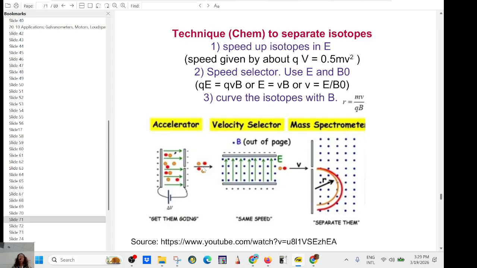They all have different speeds, and you have them going through that velocity selector. We'll go back to that on Tuesday, but it's going to be applied by a magnetic force and an electric force at the same time, so they will have the same velocity. Now they can go inside your mass spectrometer and you can measure the mass of the isotopes.